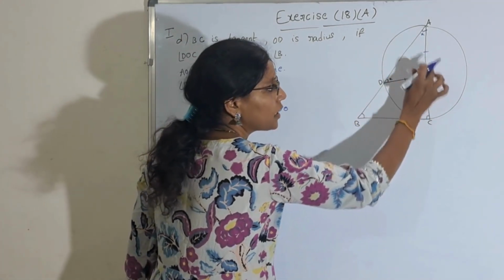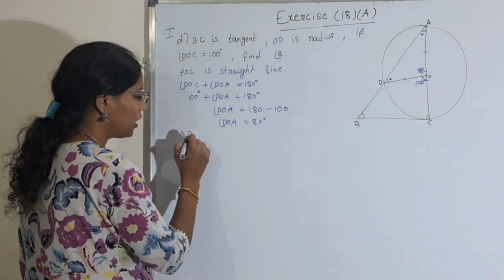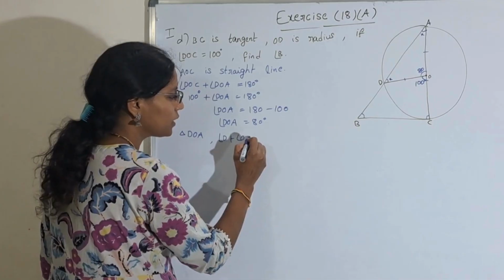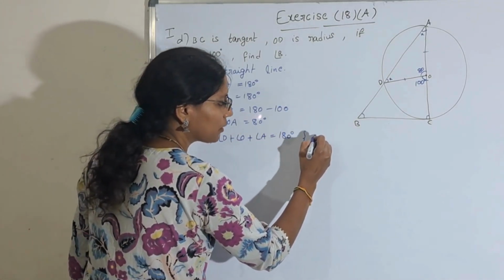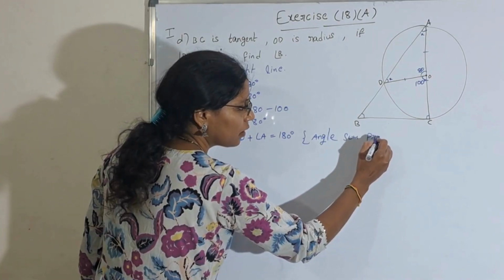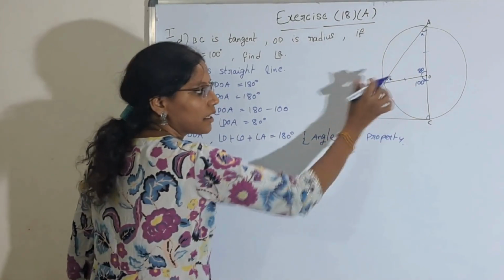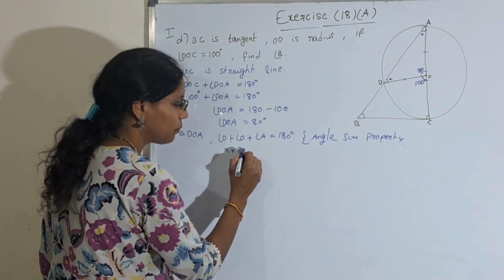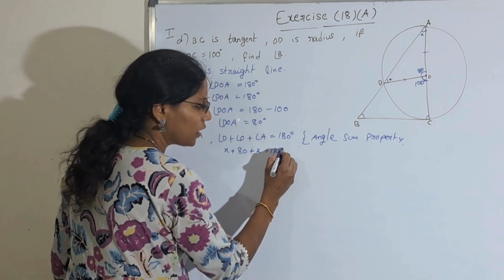Now we have to consider triangle DOA. Angle D plus angle O plus angle A is equal to 180 degrees. Angle sum property. Here angle D means x, plus angle O, how much? 80 degrees, plus angle A is x, is equal to 180 degrees.